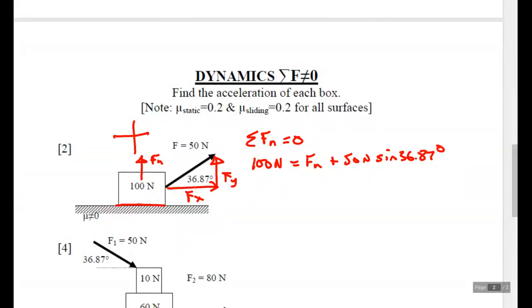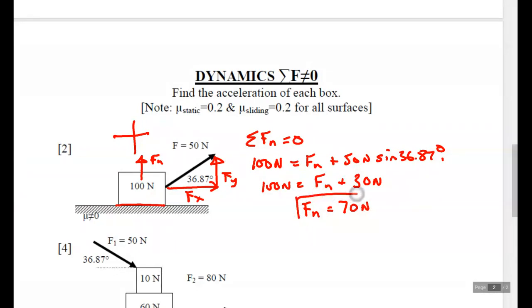36.87 degrees. So 100 newtons equals Fn plus 50 newtons sine 36.87, and 50 sine 36.87 is 30 newtons. So we see in this problem, the normal force is 70 newtons.